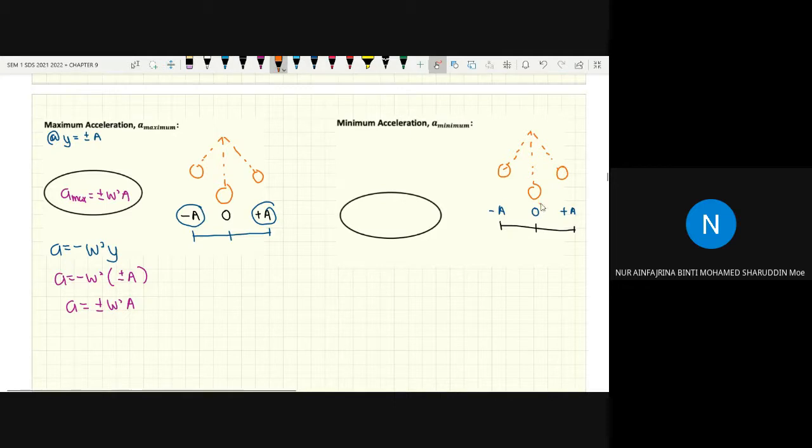Dia akan berlaku pada equilibrium. So dia akan berlaku bila Y awak equals to 0. When your displacement equals to 0. Dan kita tahu equation dia adalah A equals to negative omega squared Y. So we're going to substitute our Y with 0, dan awak akan dapat kosong. Therefore, minimum acceleration equals to 0.